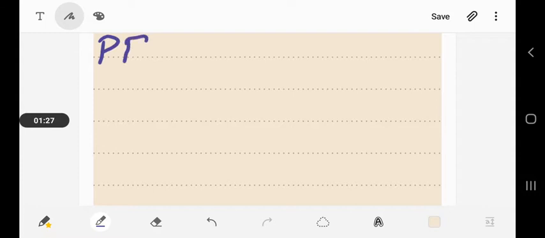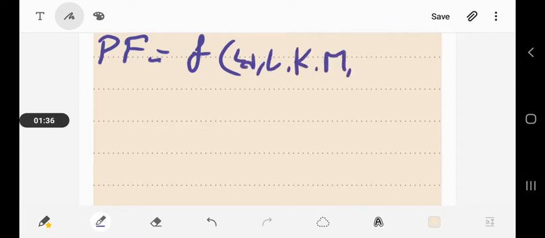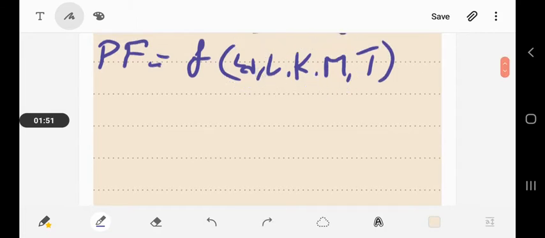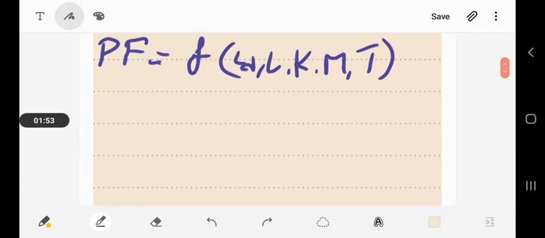What is the production function? Production function is a function of land, labor, capital, organization, that is the management in the organization, and the technology. So the production function indicates alternative combinations of factors of production which can produce a given amount of output.